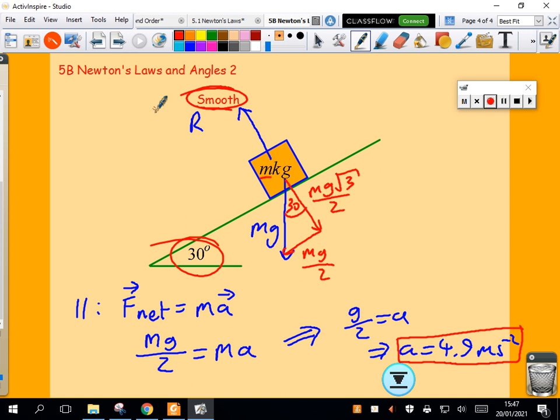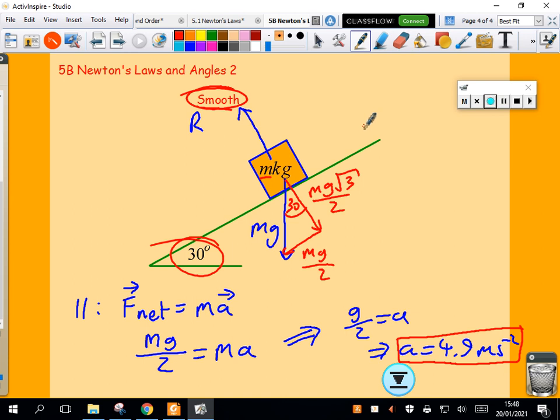Any mass placed on a smooth surface inclined at 30 degrees is going to accelerate at 4.9 meters per second squared. Whether it weighs the same as a tractor or whether it weighs the same as a shoe, it's going to accelerate at the same rate, assuming the surface is smooth, and ignoring things like air resistance.